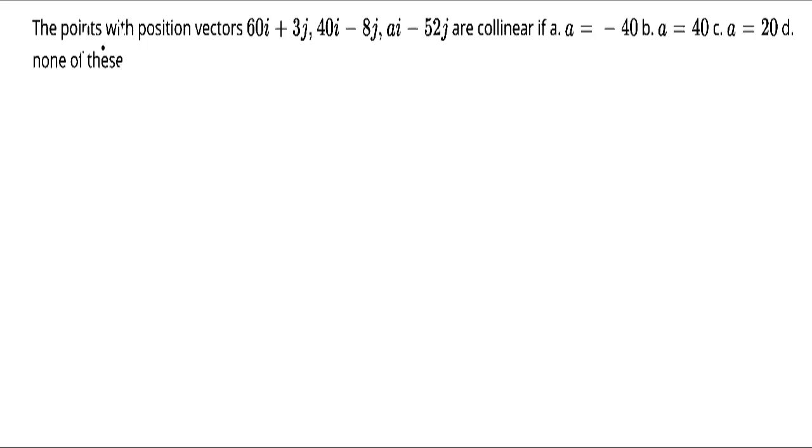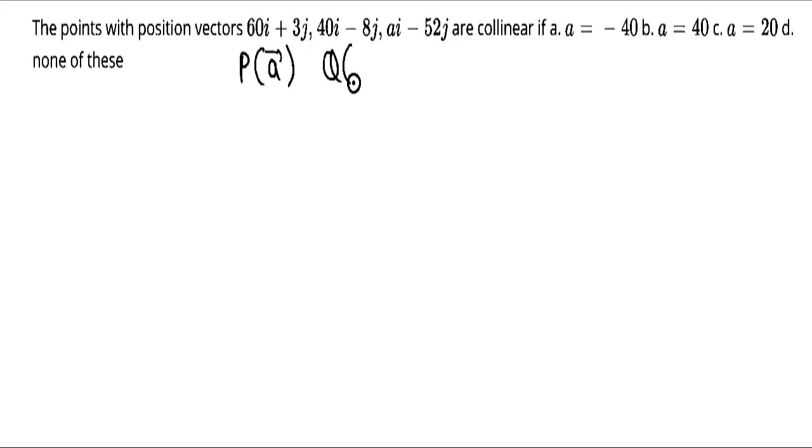So in this question we have been given that the points with position vectors, so these three are the position vectors, okay, and we have been given that these are collinear, and we have to find which of the following options is correct, which shows the value for a. So let this point be the P point, representing position vector a.